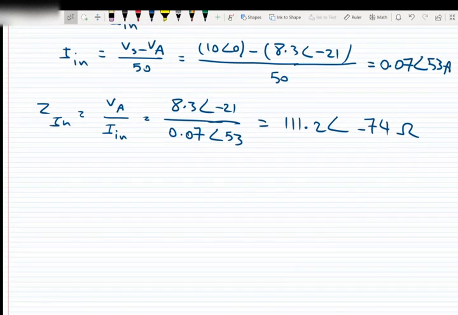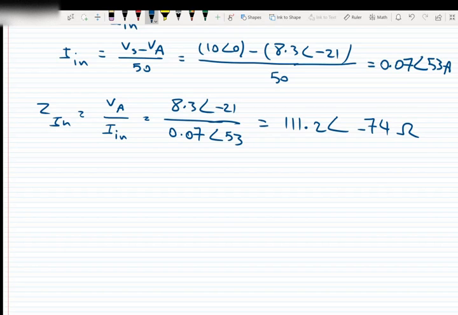So this is Z in. Because it's an impedance, we want to know what kind of elements it contains: resistance, capacitance, or inductance.